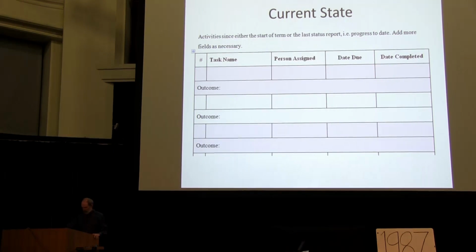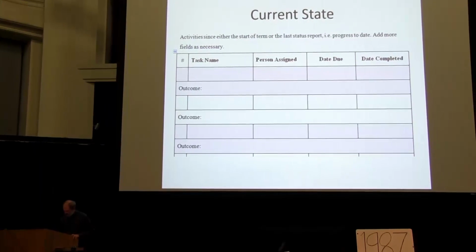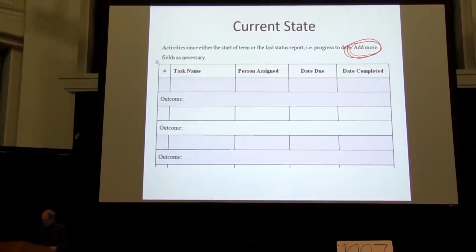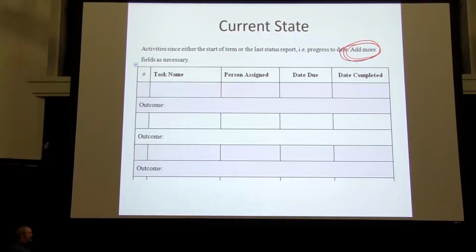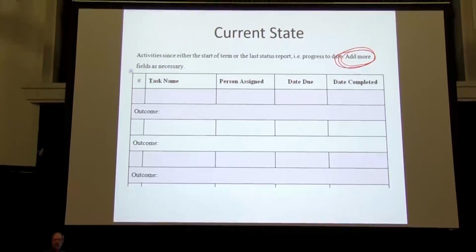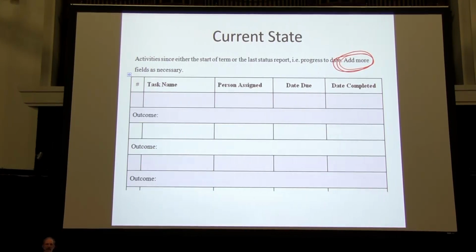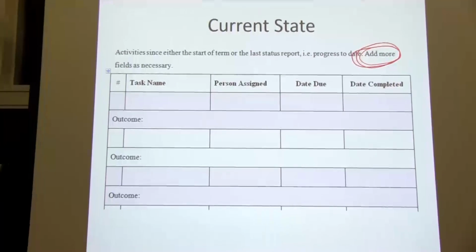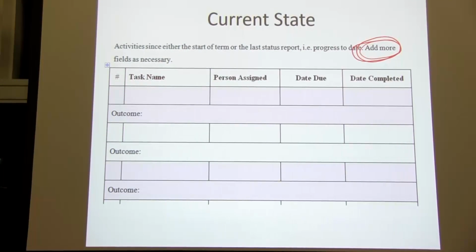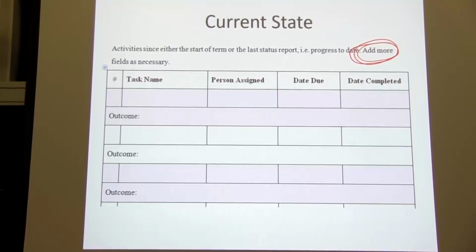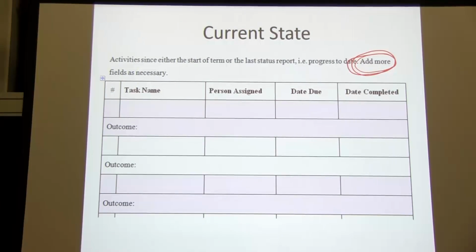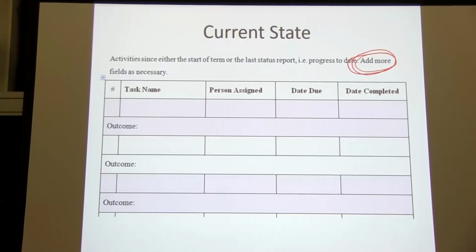I'll point out a few things. First of all, just because there are a certain number of places in this doesn't mean that's how many things you have to report on. You should be adding more fields if you need more fields. If you're doing 10 tasks and have 4 fields, you add 6 fields, okay?